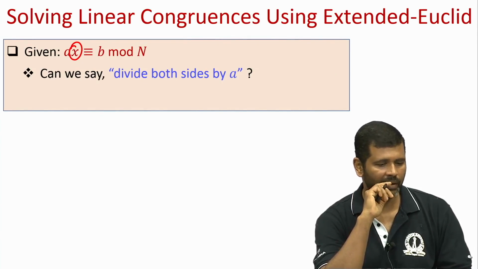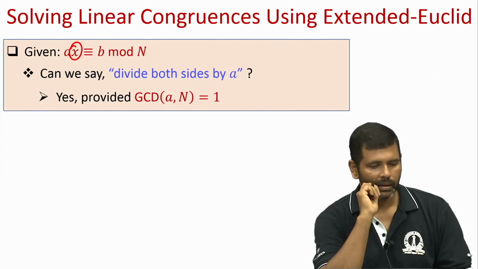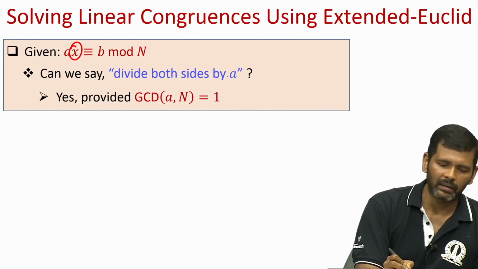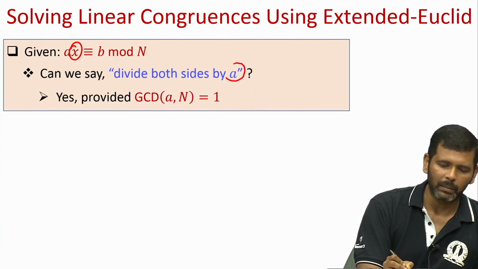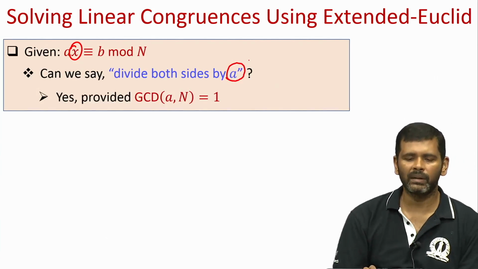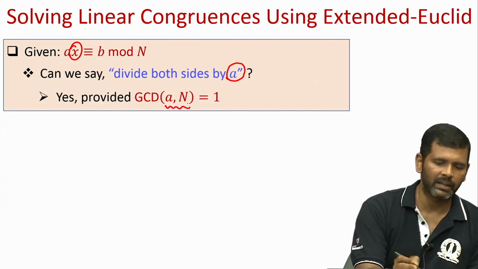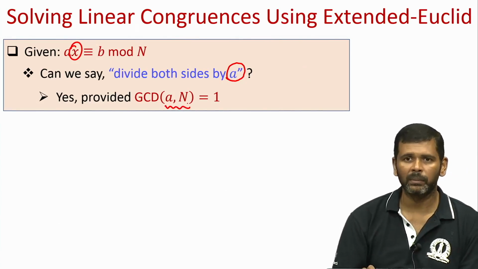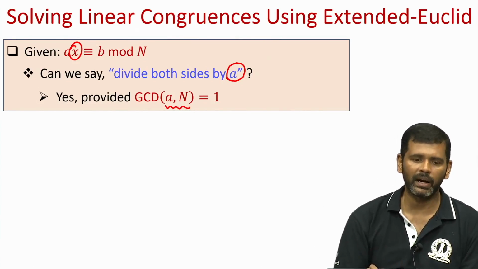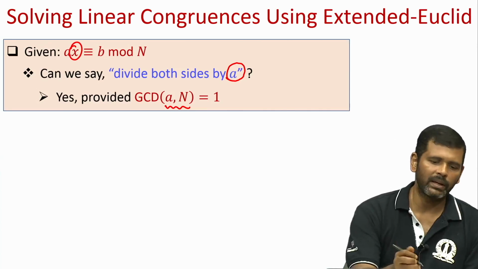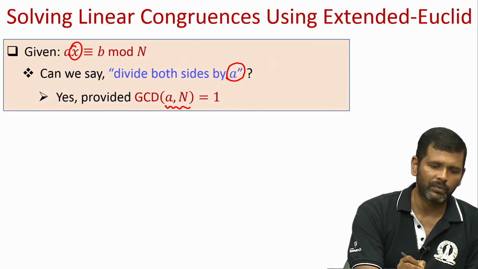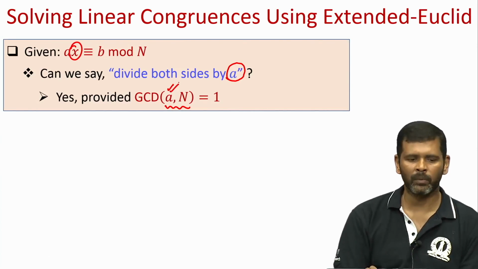That means, can we say divide both the sides by a, and by that I mean multiplying both the sides by the multiplicative inverse of a, and that is possible only if GCD of a and n is 1. So, remember in the last lecture we proved that the multiplicative inverse modulo n exists only if the number for which you want to find out the inverse is co-prime to your modulus.